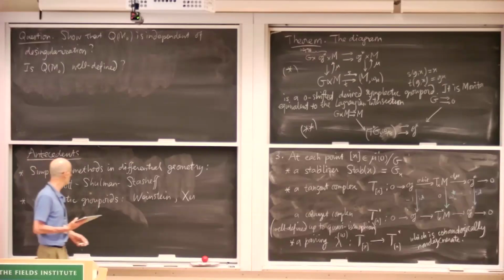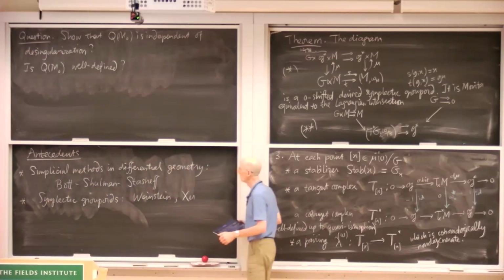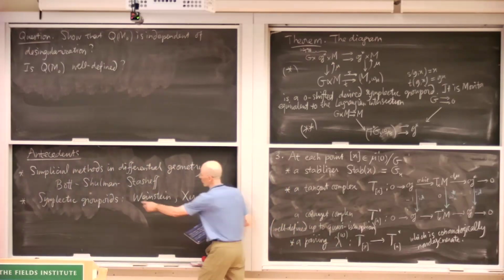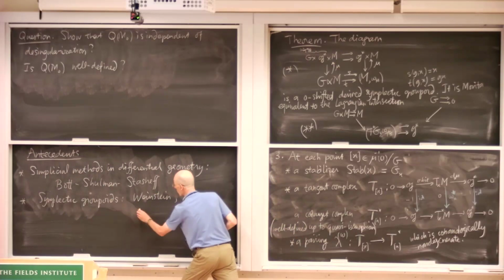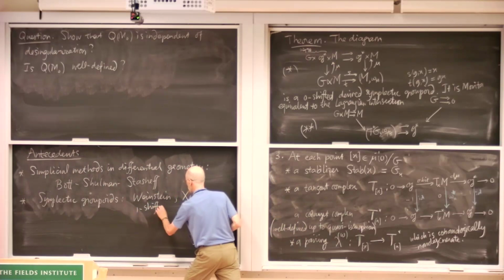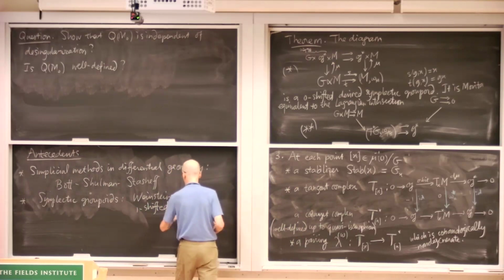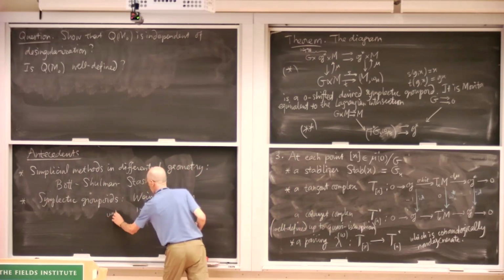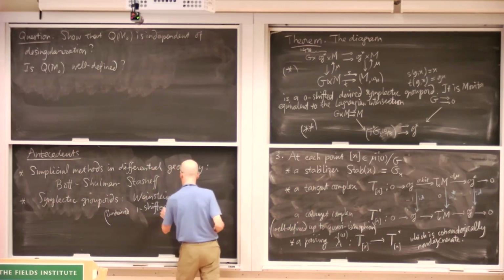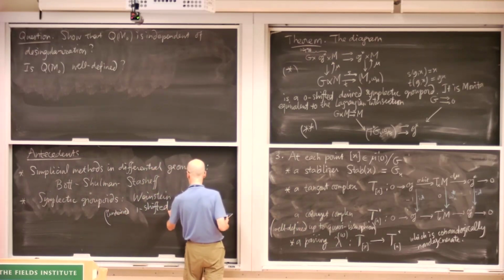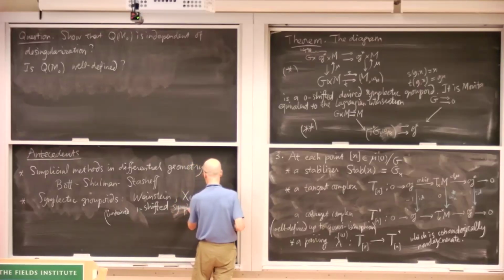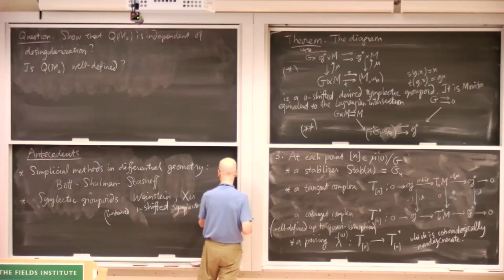So, in today's language, a symplectic groupoid just means a one-shifted symplectic, underived, one-groupoid.